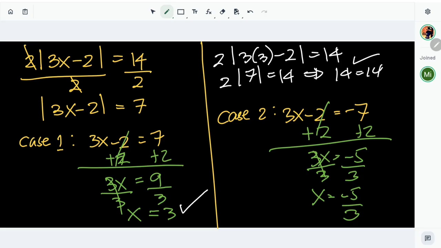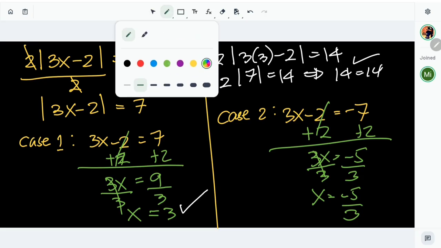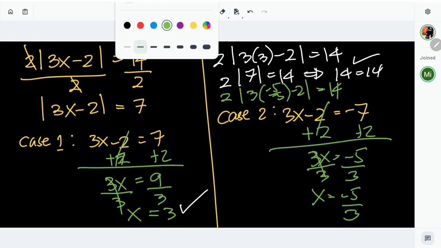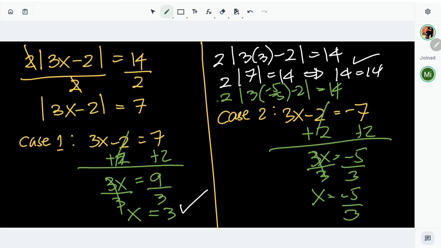Then the other one is 2 times the absolute value of 3 times negative 5 over 3 minus 2 equals 14. Let me just write that in blue.